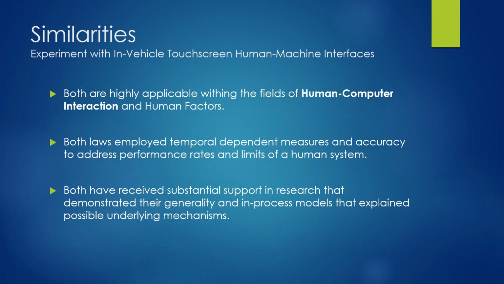Both laws employed temporal dependent measures and accuracy to address performance rates and limits of a human system. And both have received substantial support in research that demonstrated their generality, and in process models that explained possible underlying mechanisms.